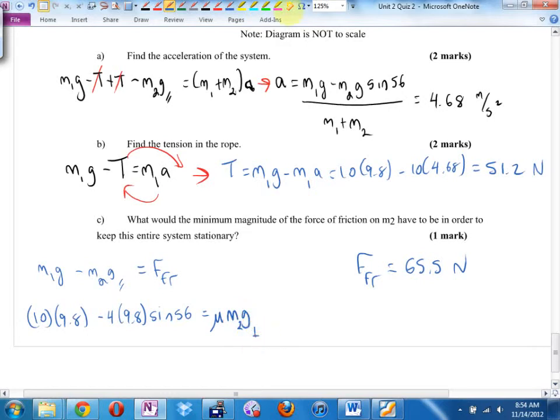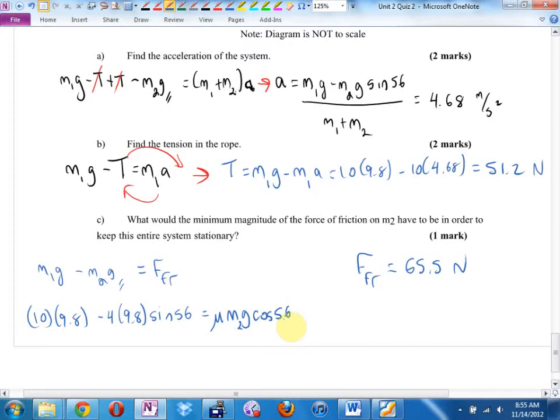Oh, perpendicular is cos. I guess I would divide by M2G cos, and I'd have the mu by itself. I could find that too. How else could I? I guess that's about all I could ask. Why did I say minimum magnitude of the force of friction?